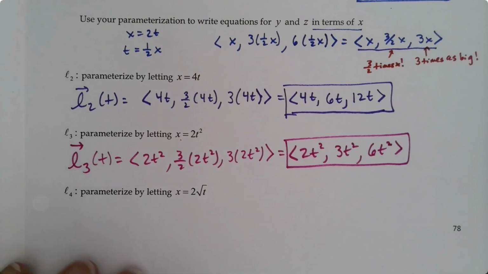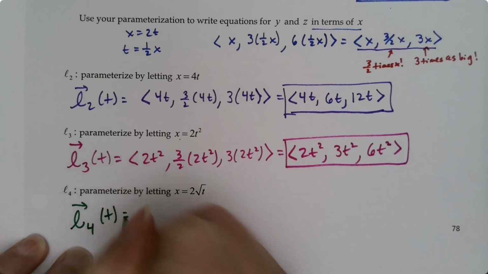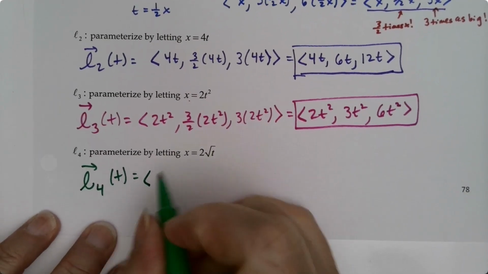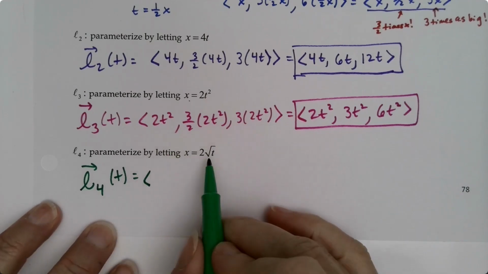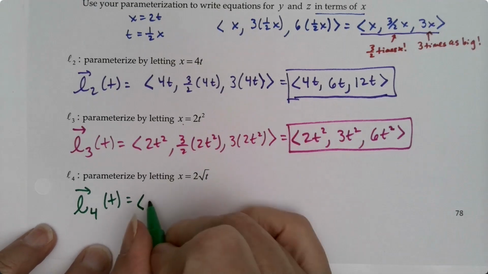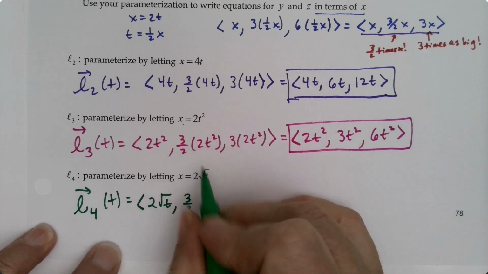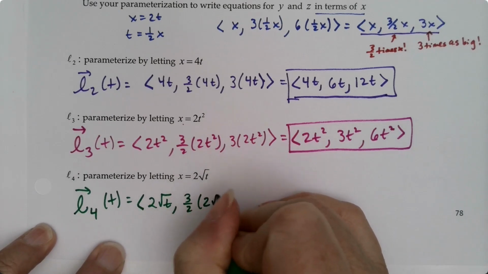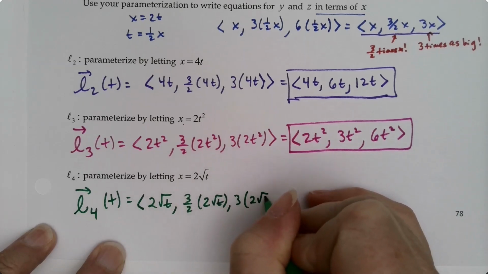All right, let's try one more. Let's do L4. I'll do it in green here. L4 of t is, well, it's just using square roots instead. So it'd be 2 square root of t, 3 halves times 2 square root of t, 3 times 2 square root of t.